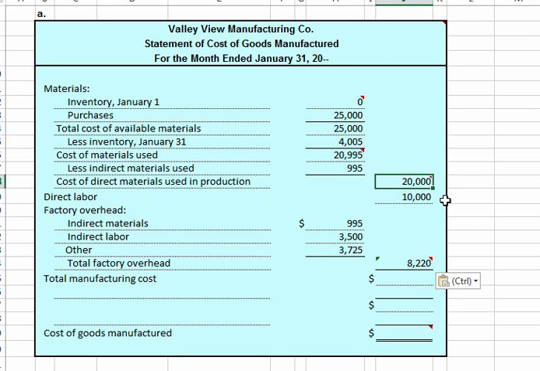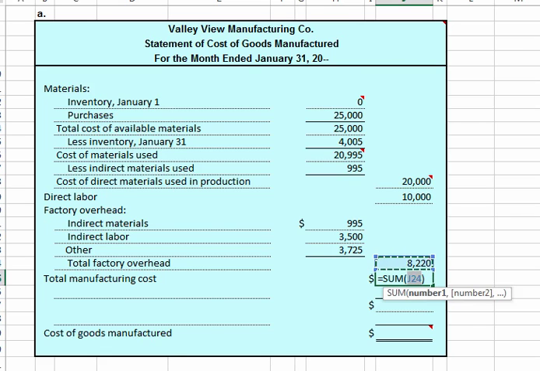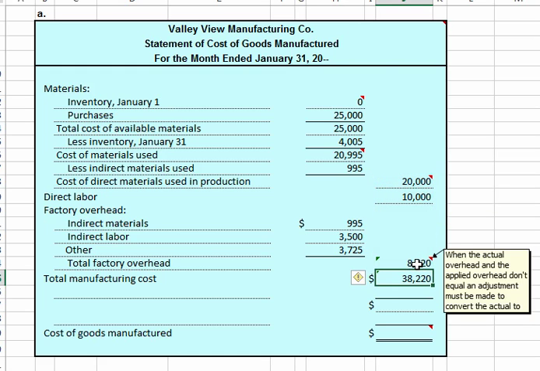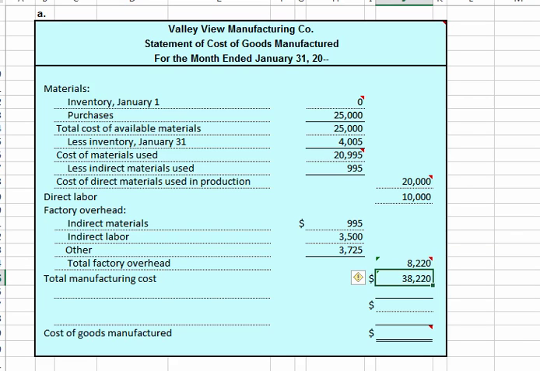Direct labor, $10,000. And our total factory overhead, $8,220. And we just want to add those together, and that gets us our total manufacturing cost. Sorry, I didn't do that correctly. We want to sum these three. That gets us our total manufacturing cost of $38,220.